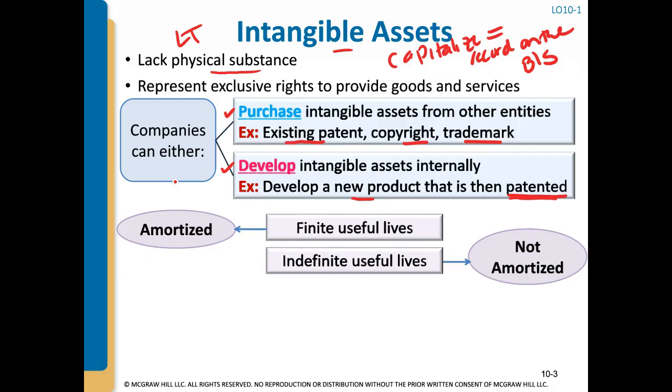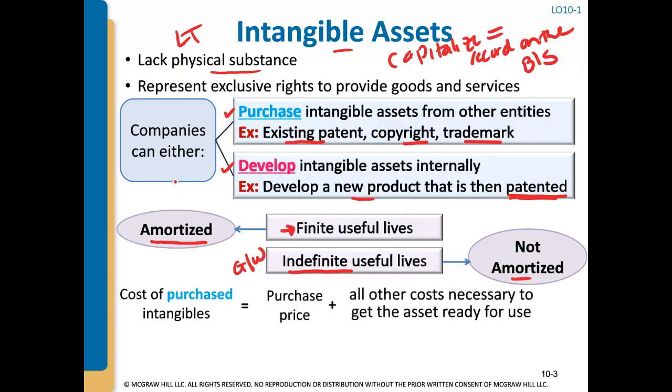Once you capitalize an intangible asset, if that asset has a finite useful life, meaning a specific number of years or months or periods that are finite, it will end at some point, then we will amortize them, which will be covered in a different video. If an intangible asset has an indefinite useful life, which means it could be an asset forever, and typically this is considered to be goodwill, then you do not amortize them because there is no life to amortize them over.